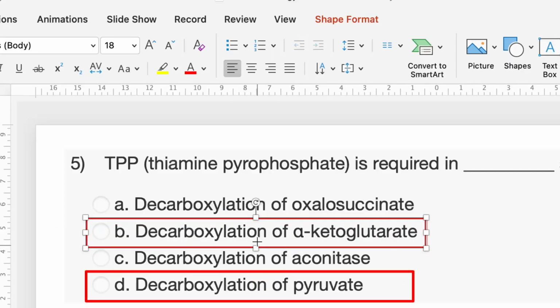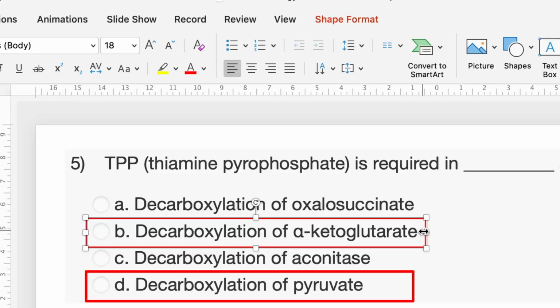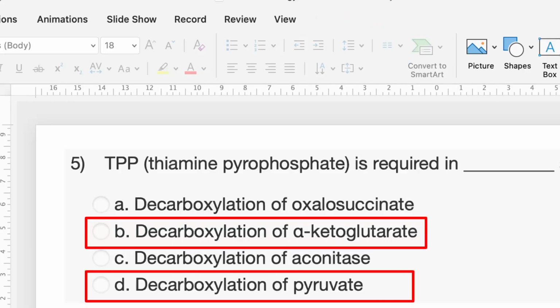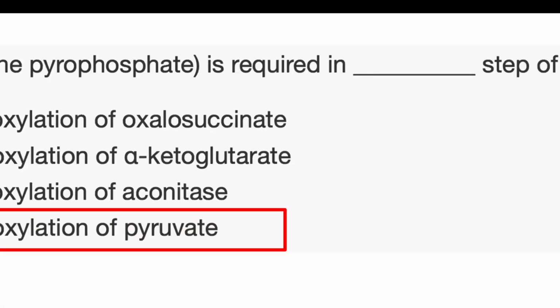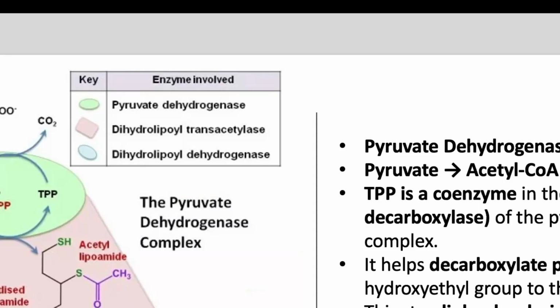Pyruvate is actually the end product of glycolysis, which is then utilized in the Krebs cycle, right? So I'm marking both of these options correct here: decarboxylation of pyruvate as well as decarboxylation of alpha ketoglutarate. Let us understand how it does the decarboxylation of pyruvate and what TPP is.